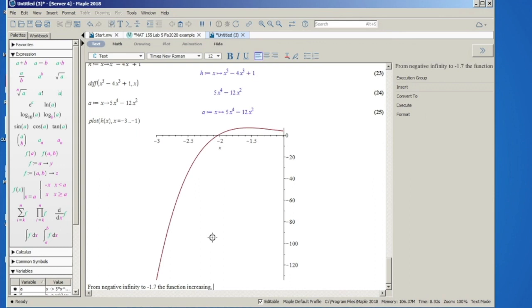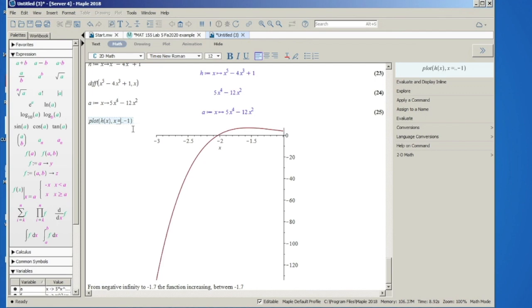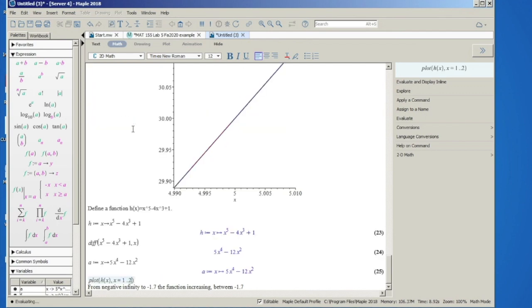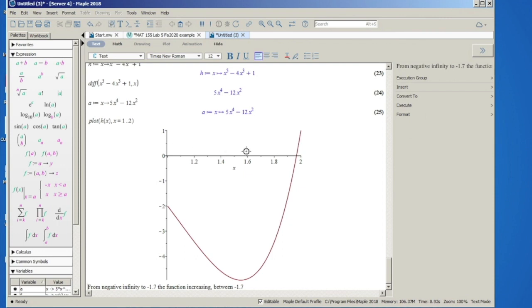Now, from that point on, between -1.7 and, let's see on the other side, we're very close to 2, so I'll do 1 and 2. All right. On this other side we have roughly 1.6. So between -1.7 and 1.6, the function is decreasing.